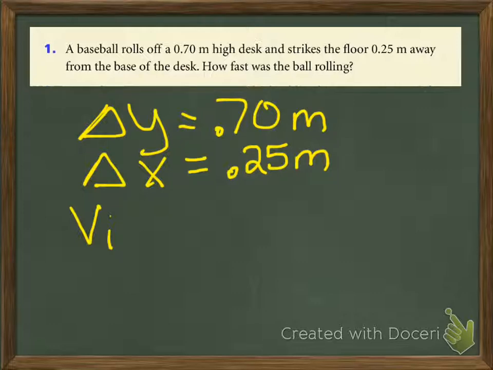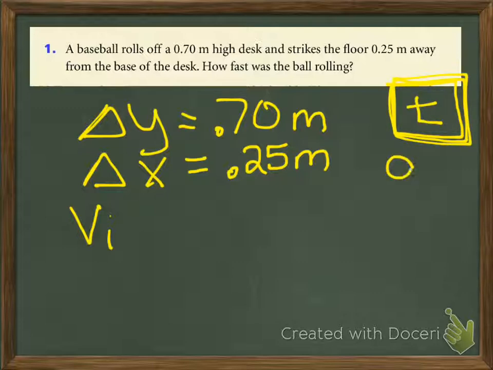Things we need to know about this equation before we can make our decision on what equations to use. First off, what is the one variable that we need in order to solve for Vi? Hopefully you said time. We need to find that time. Time is your key. Time is your link.